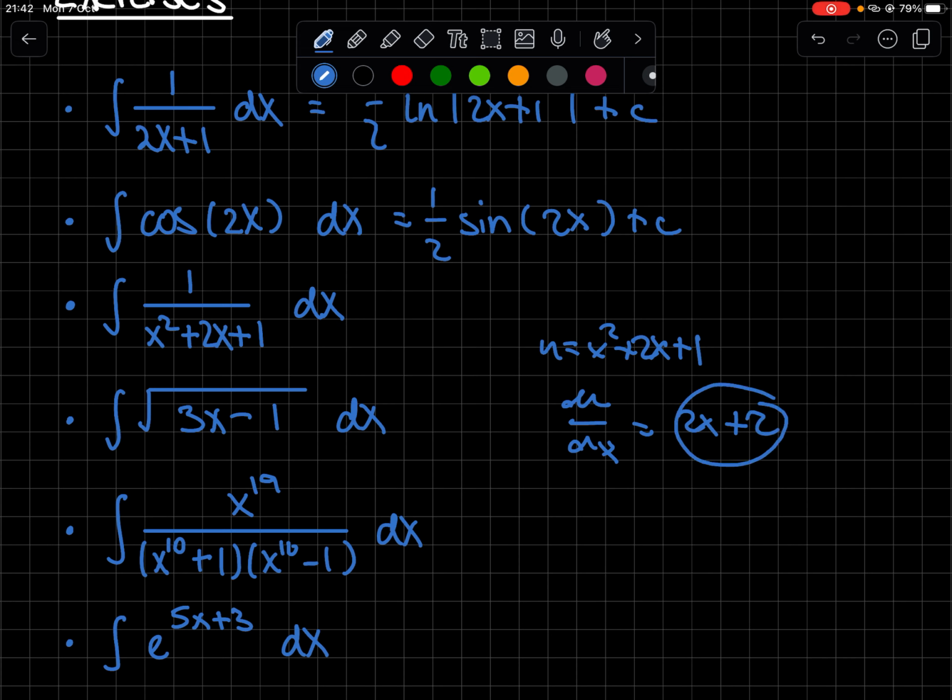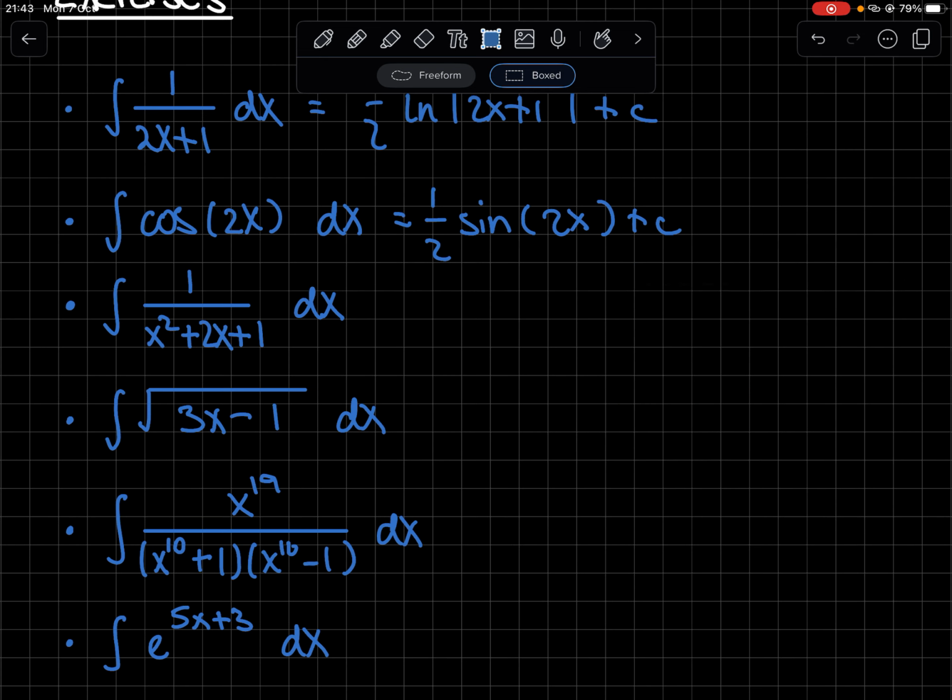And this is going to be left over because we don't have a 2x plus 2 on the numerator to cancel it out with. So this is not going to be a good idea. I just tried it to show you what would happen.